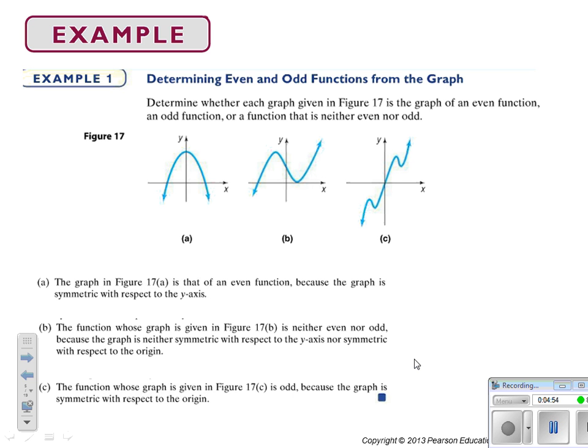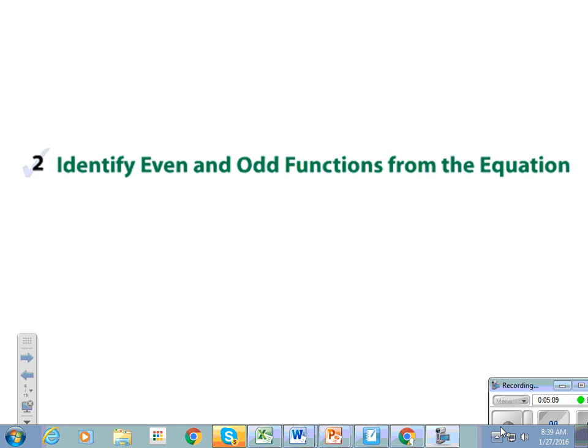What happens in the first quadrant also happens in the third quadrant. So go ahead and write odd underneath that picture. Okay, so that's looking at the graphs. That's how to determine if it's odd or even or neither.